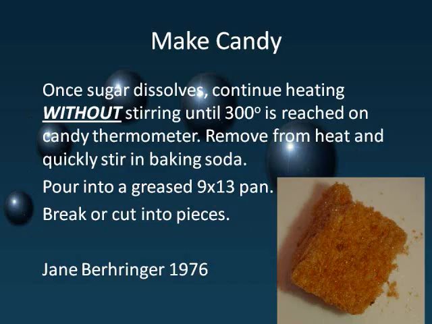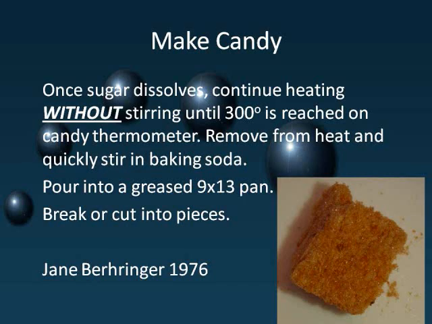Once the mixture reaches 300 degrees, remove the pan from the heat and stir in the 1 tablespoon of baking soda quickly. The mixture will foam quite rapidly as the vinegar and the baking soda react. The candy is very light, crisp, and airy. Many people will cover the candy with chocolate to limit moisture access, which collapses the foam.